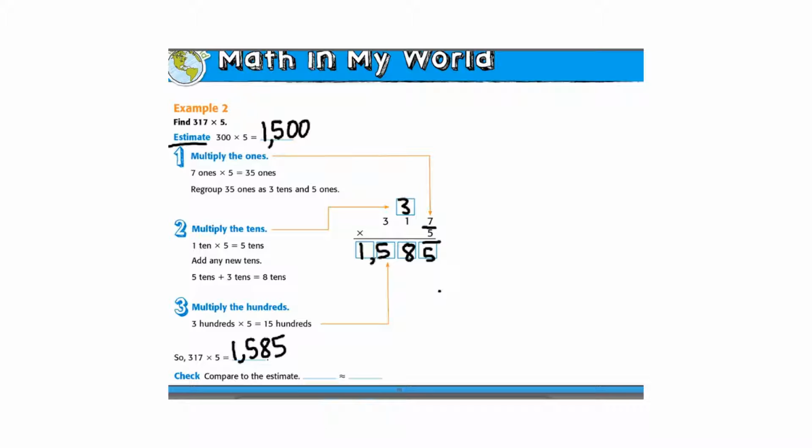Now here's what Nolan was asking a minute ago. It says compare to the estimate. So you have 1,500 as our estimate and 1,585 as our actual answer. It doesn't really matter which order you put those in, as long as we know which one is your actual answer and which one is your estimate.